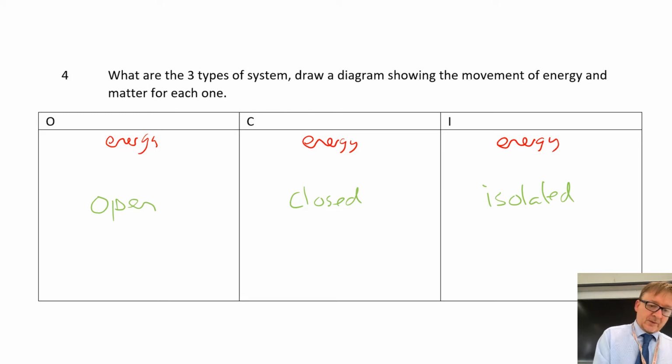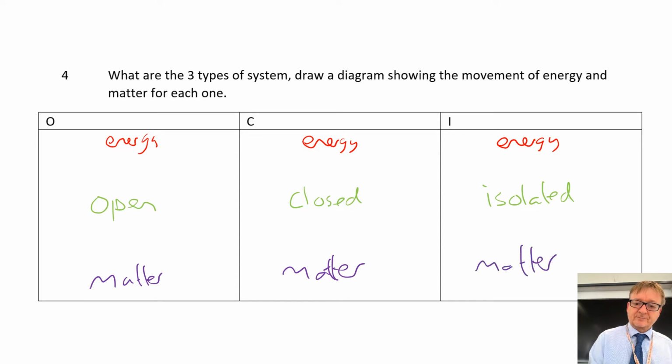Then at the bottom, I'm going to write down matter, and matter, and matter. Then I am going to, in blue, draw the actual system itself. Okay, now an open system is a bit like that.